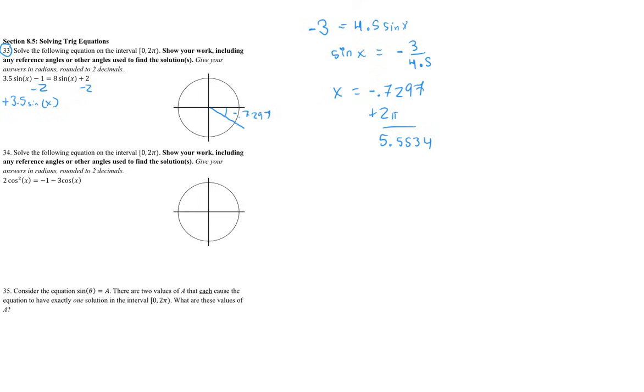We now know that our second answer within this interval is going to be our x1 plus pi, which gets us 3.87132. So our two answers are going to be 3.87 and 5.55 because those are the two within the correct interval.